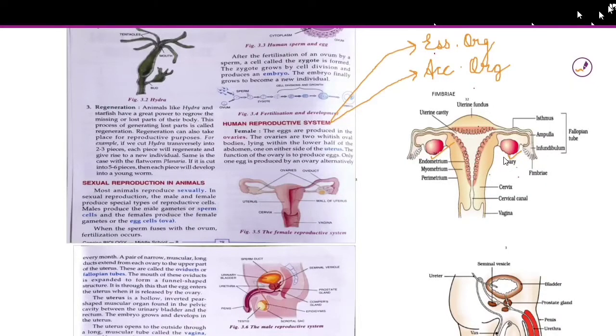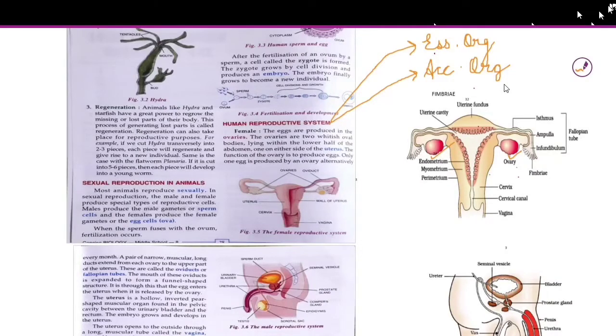Next is the accessory organs of the female reproductive system. As the word accessory itself indicates, children, these parts are non-essential. Suppose one or the other part has any type of deformity, a little bit, not a lot, then it is manageable.